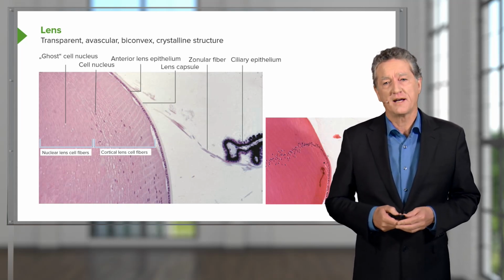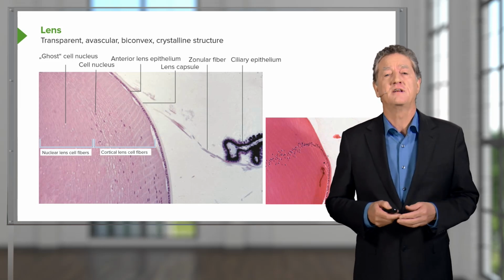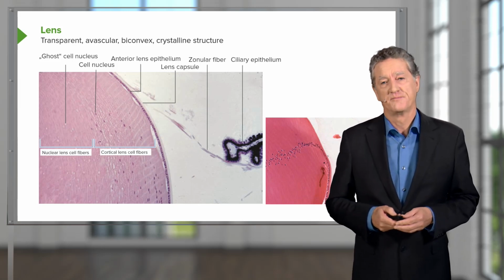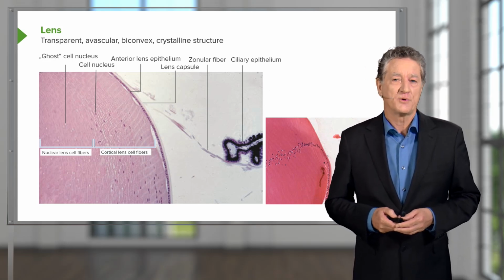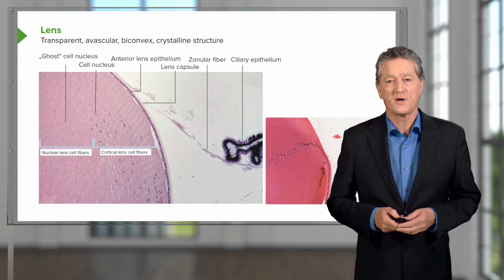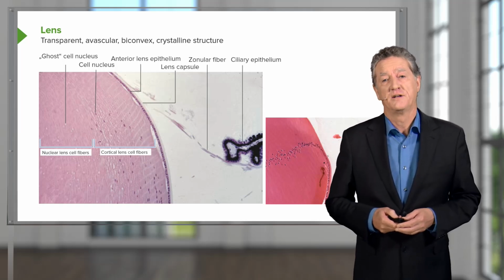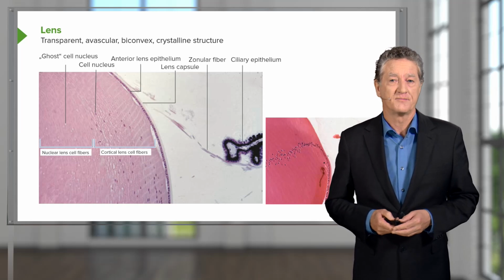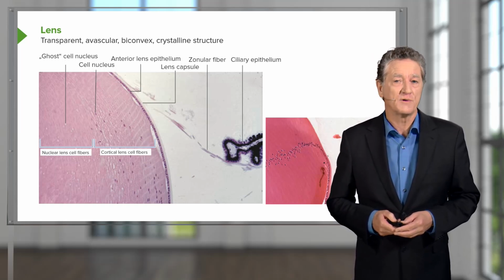When you're in the 4th decade of your life, suddenly the elasticity changes so that the lens can no longer accommodate, change its shape as well as it did in the younger person. That's called presbyopia, and therefore the person normally has to wear glasses to assist the lens to focus the light rays on the retina.